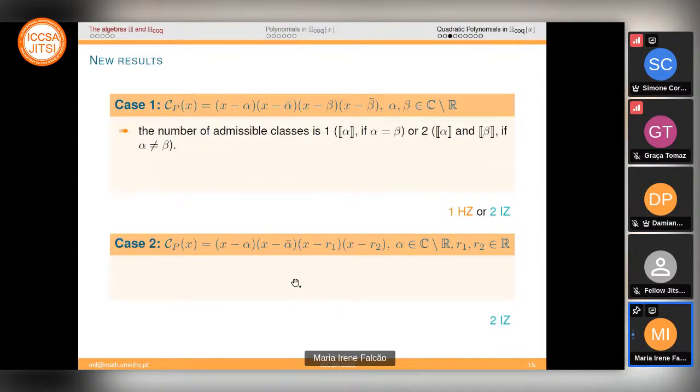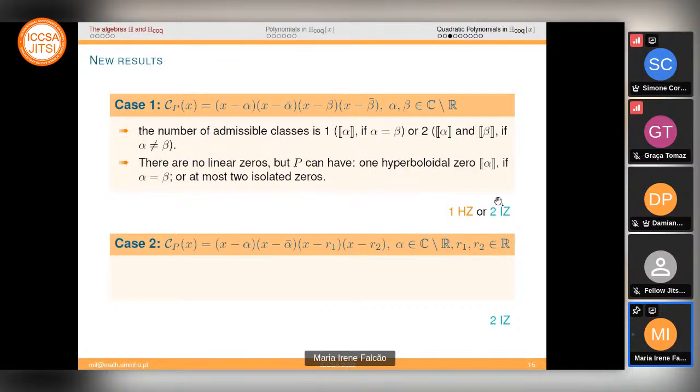So what we have done in this paper, I'm going to skip all the details, is to study the factorization of the companion polynomial, because the roots of the companion polynomial are the admissible classes, and then study all the situations. For example, the first case is where we have two complex roots, and in this case we have proved that we have one hyperboloidal zero or two isolated zeros.